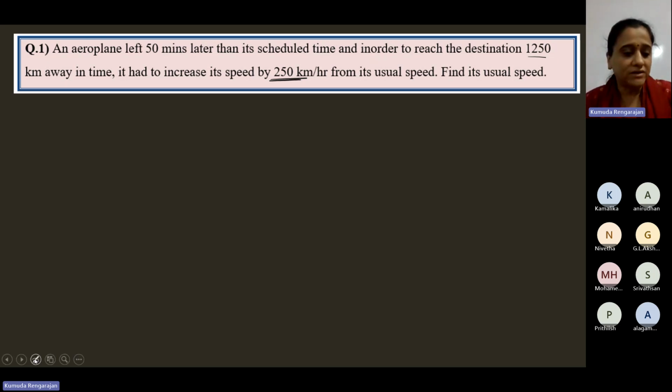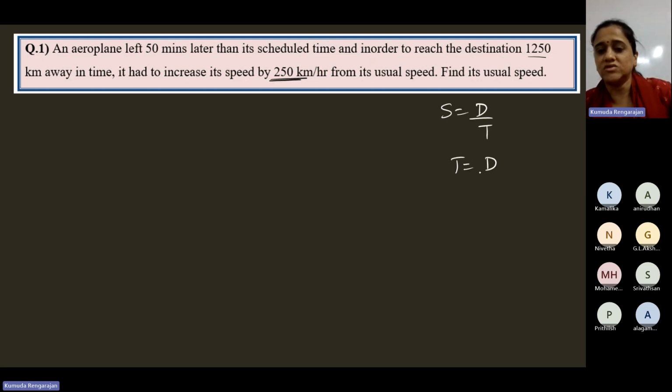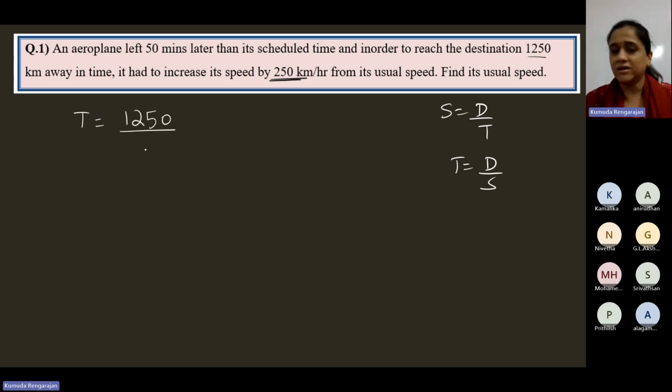So how do you find the time taken? We know speed is equal to distance by time. So time is equal to distance by speed. So the original or the usual time taken is the distance 1,250 by the usual speed, x kilometers per hour. This is the old time taken.